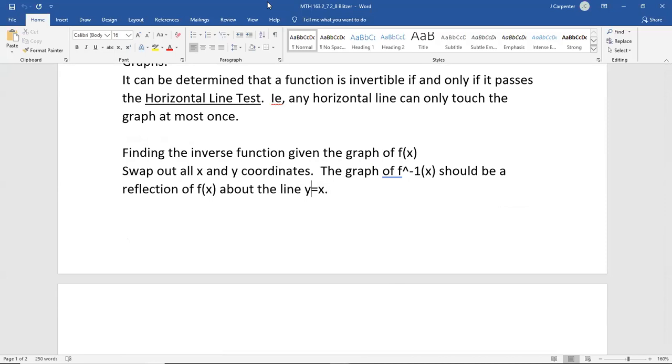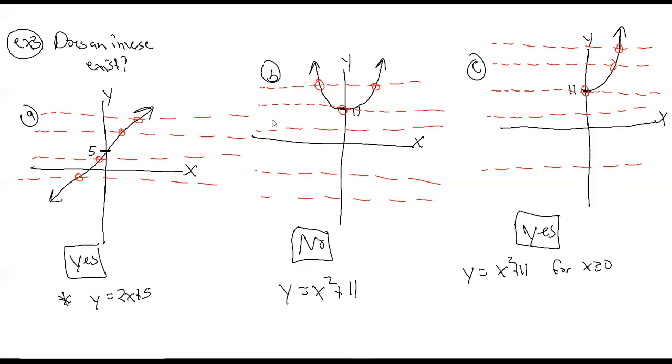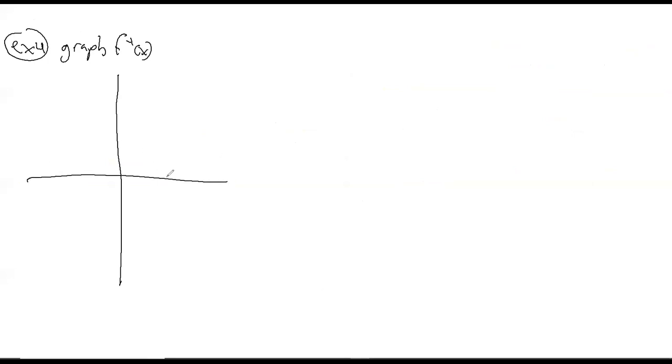All right, to the whiteboard, new page. What are we up to? Example 4, and there's no A or B, just example 4. Graph the inverse. So I'm going to give you a picture, and I'm going to describe very carefully some points, because this is going to be a piecewise defined function of line segments.